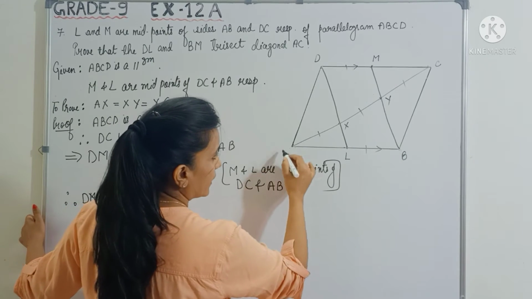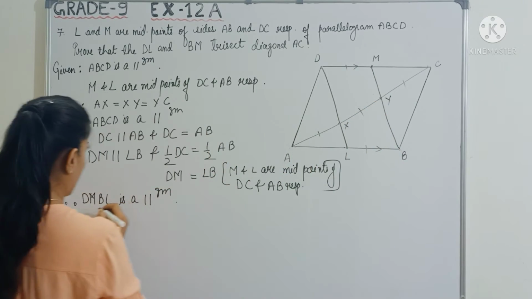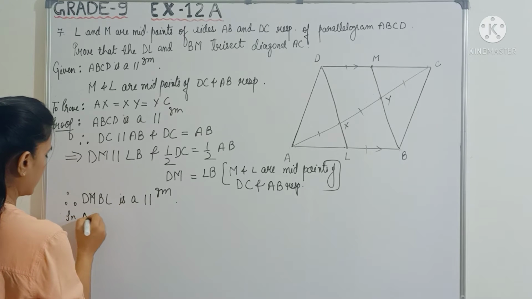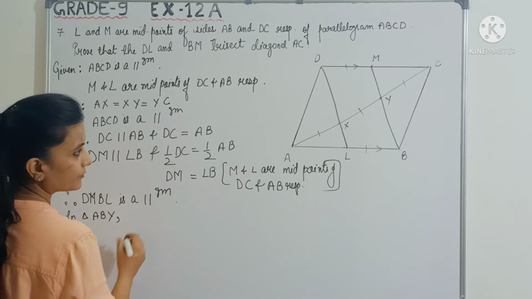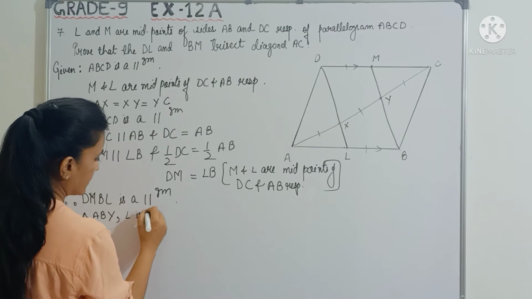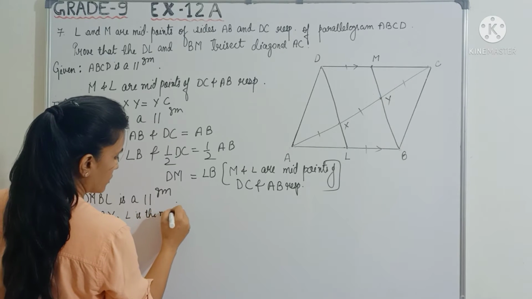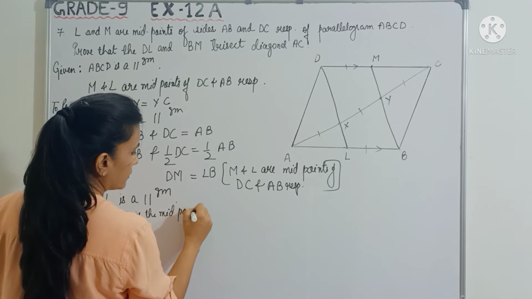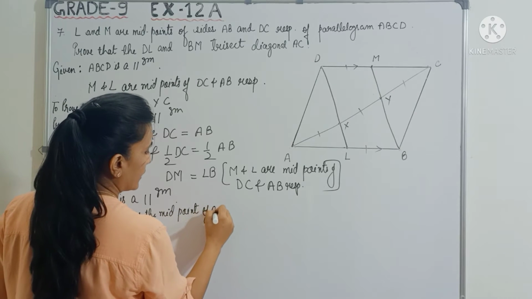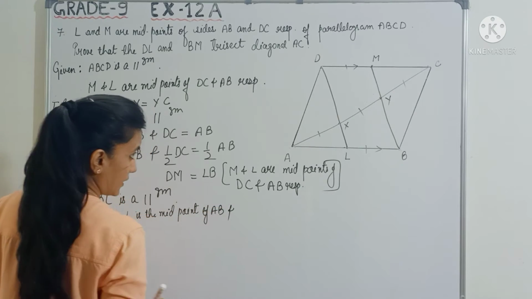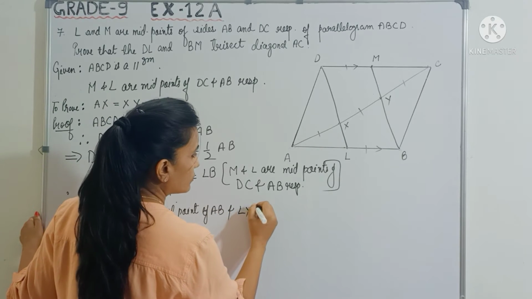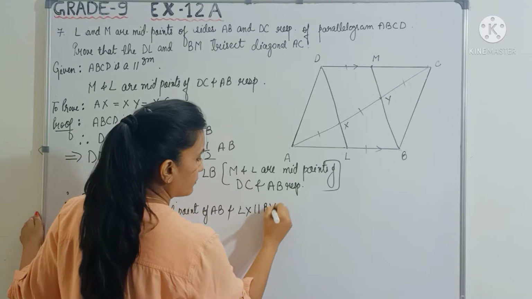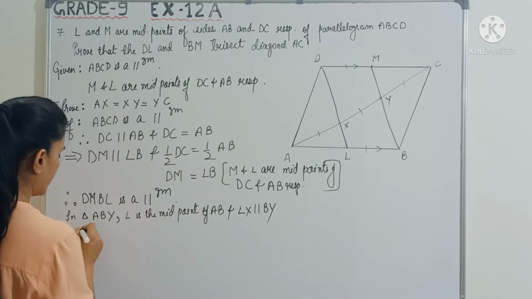Now you can take triangle ABY. So in triangle ABY, what do you observe? L is the midpoint of AB and LX is parallel to BY.